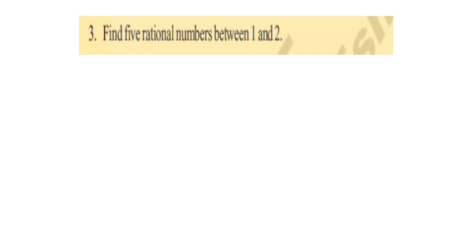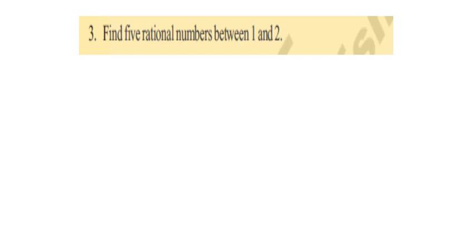Here I am going to write the single step method. There are two methods. In the previous session, we found two rational numbers between 3 and 4, and here we find 5 rational numbers between 1 and 2.